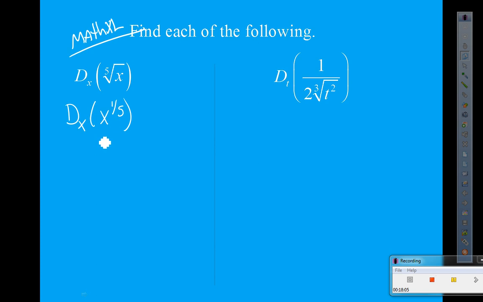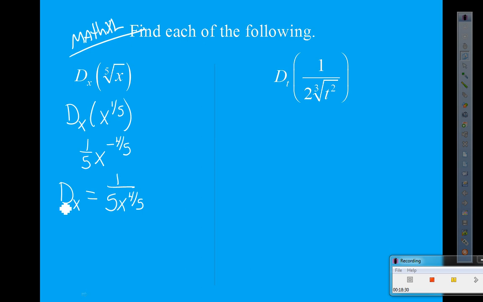Now this derivative is going to be, bring down your 1/5, so I got 1/5 x to the 1/5 minus 1, which is negative 4/5. So my ending derivative, d of x, is 1 over 5 x to the 4/5. I just put it in the denominator. Like I said, guys, just another way for notation.